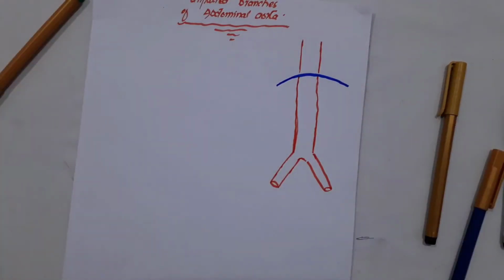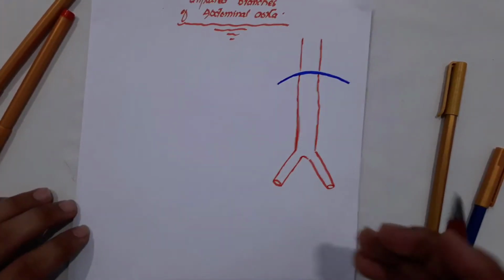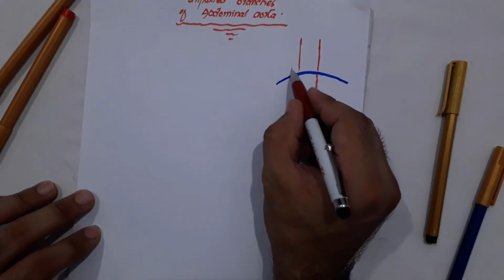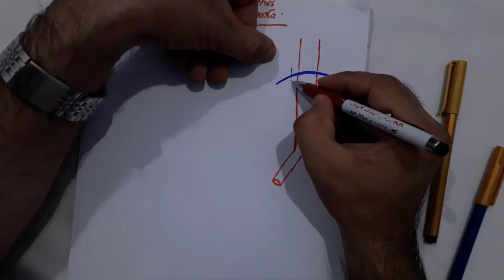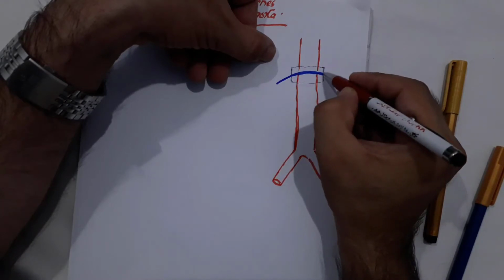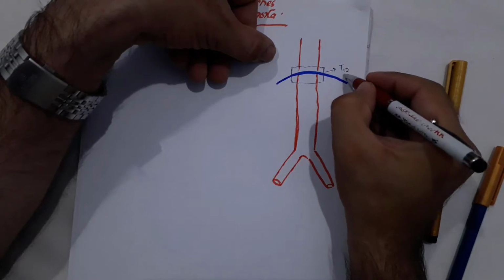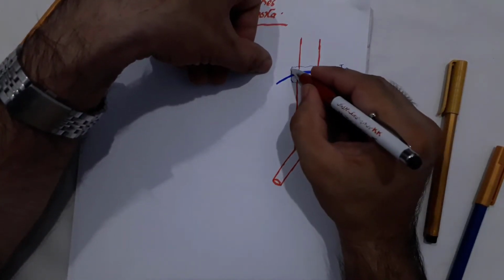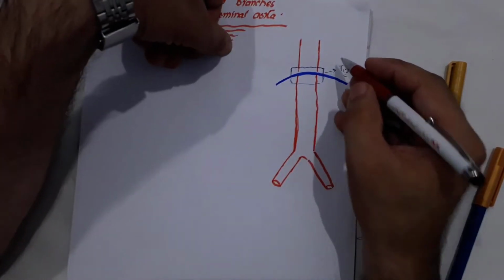Let me first divide this abdominal aorta into different regions. Here on the posterior side of this abdominal aorta, up to here, this is the level of the T12 vertebra. T12 means thoracic vertebra number 12. Then there are the lumbar vertebrae.